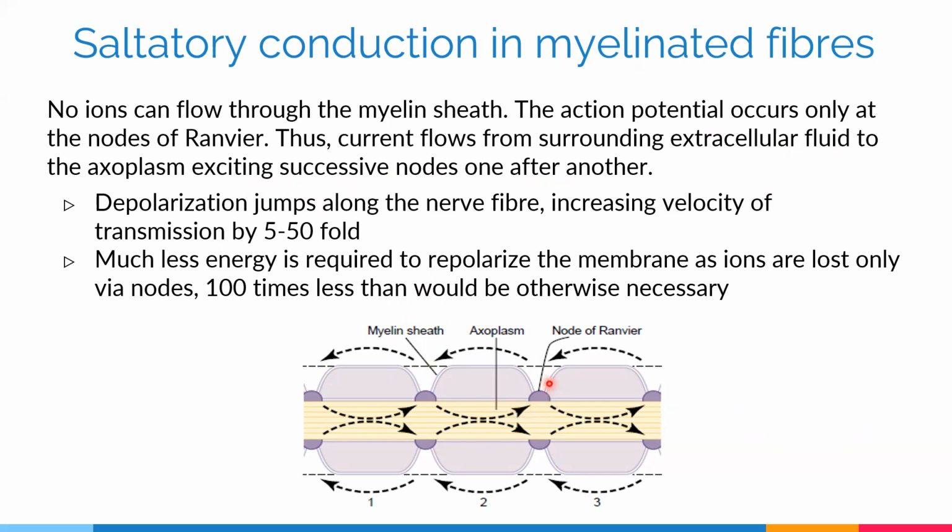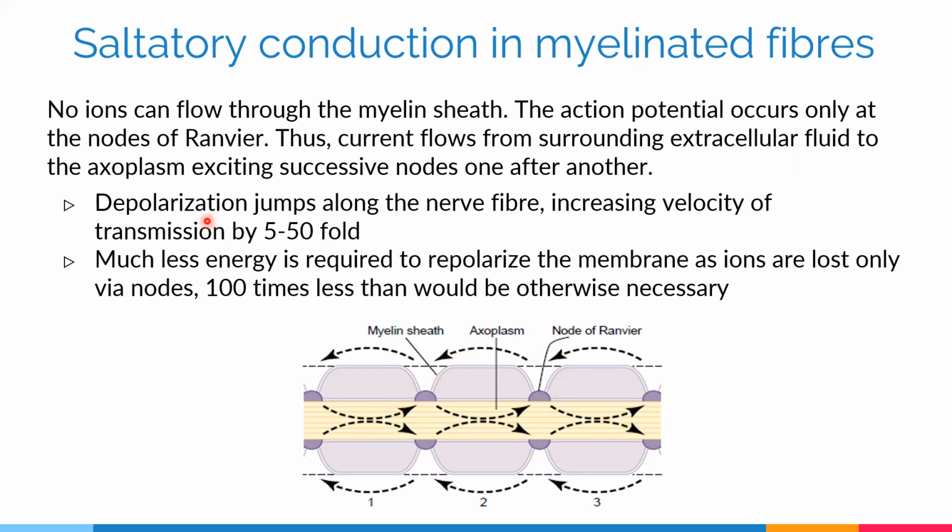So one node will be excited, after which another node will be excited, after which another node will be excited. This is known as the jumping conduction or saltatory conduction in myelinated fibers.